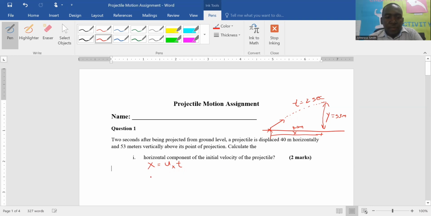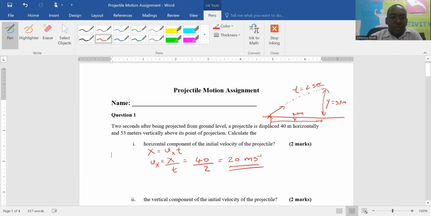So we can find UX, which is X over T, which is 40 over 2 seconds, which gives 20 meters per second. That's how we know what the initial velocity in the X plane was.